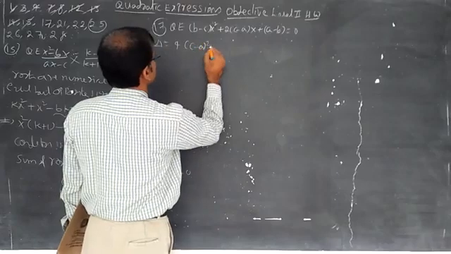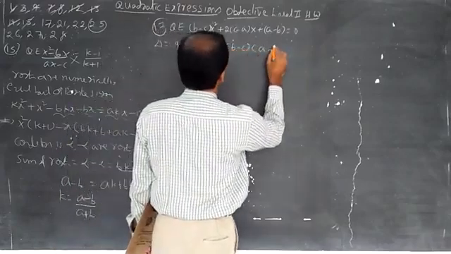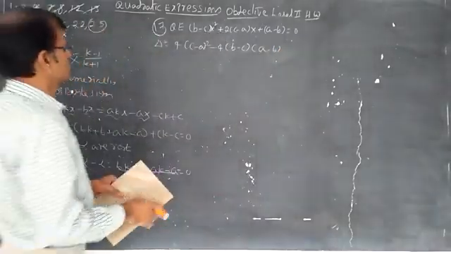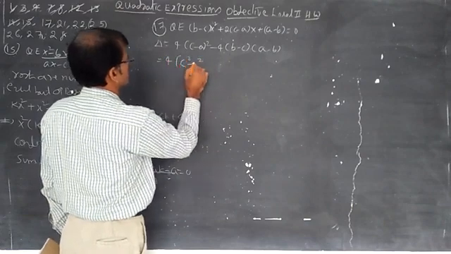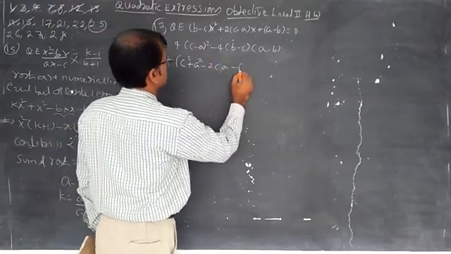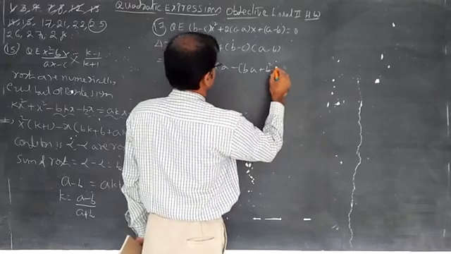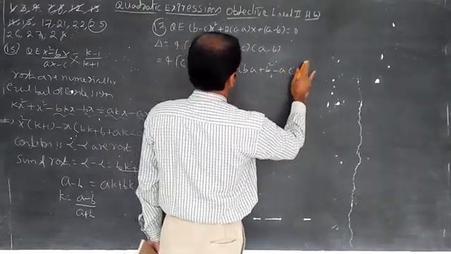4(c − a)² − 4(b − c)(a − b). So let us take common: c² + a² − 2ca minus of this, which is b² minus ac plus bc.